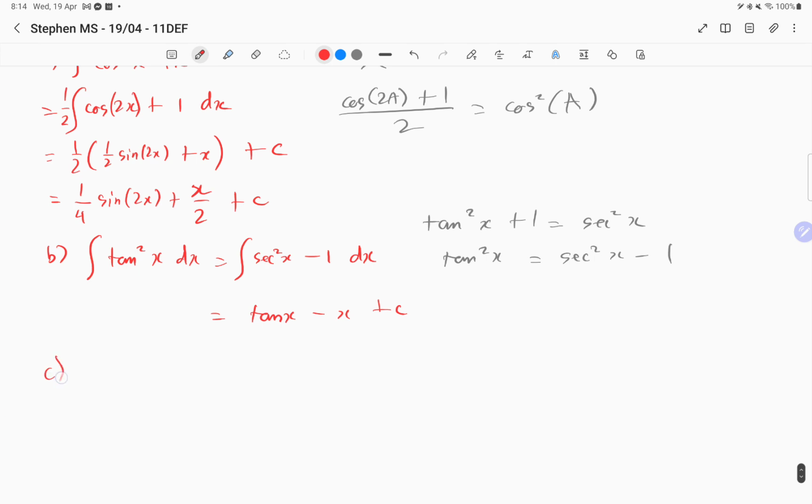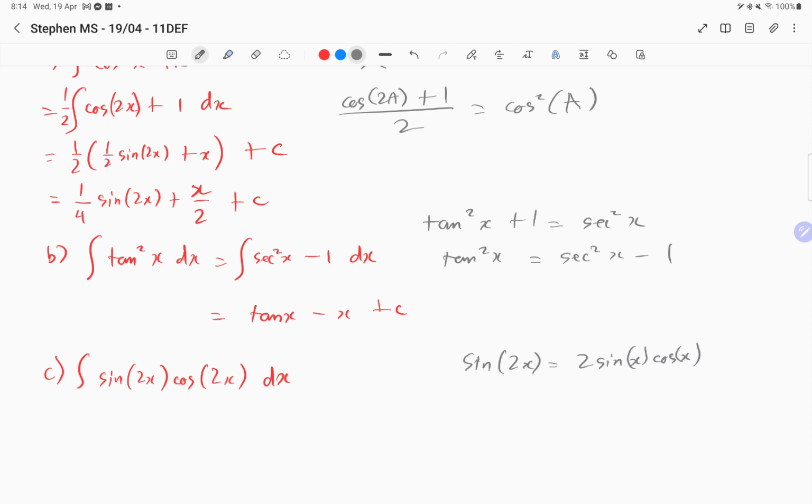Question C is the antiderivative of sine 2x cos 2x dx. So looking at the identities, see which one has sine times cos. The one I'm using is sine 2x equals 2 sine x cos x.